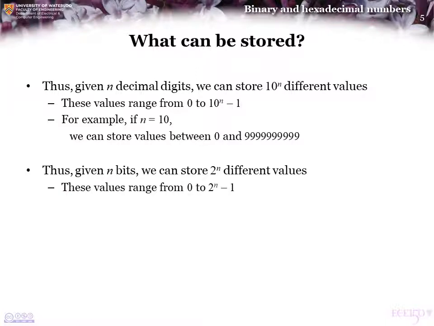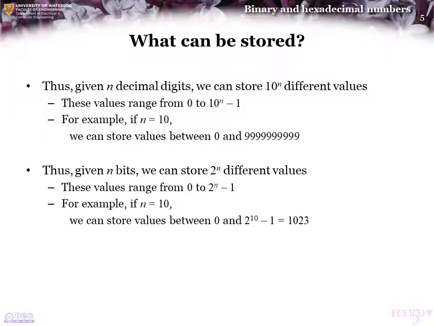This gives us a range from 0 to 2 to the n minus 1. So for example, again, if n was equal to 10, we could store values between 0 and 2 to the 10 minus 1, which is 1023. Visually, these are the 2 possible extreme values of such a range. All zeros, all the way up to all ones.